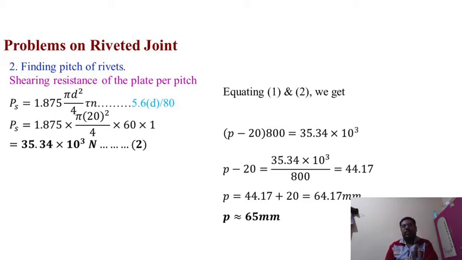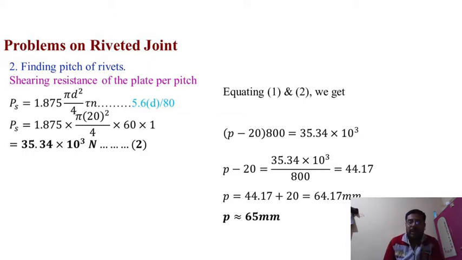So equation number 1 says (P minus 20) into 800. We don't know the pitch value, so find the pitch value here. Equating equation number 1 and equation number 2, we get the pitch. Therefore (P minus 20) into 800 is equal to 35.34 into 10 raised to power 3.